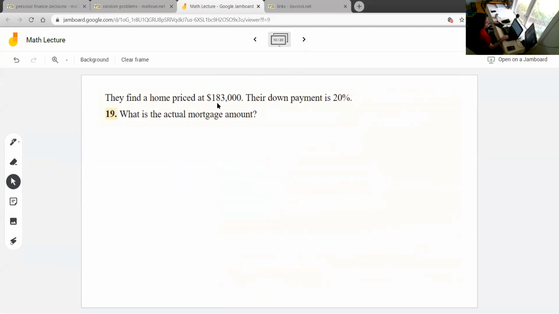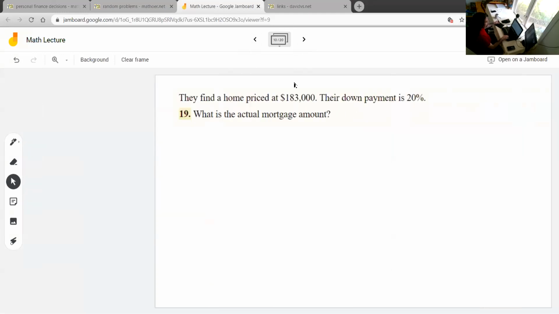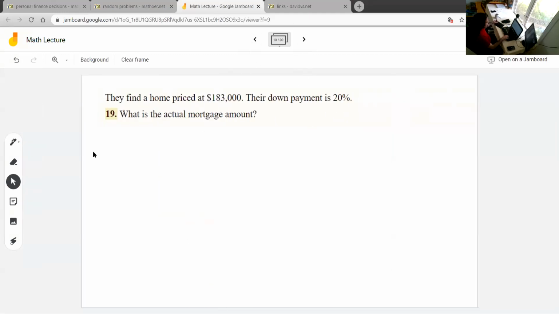So they find a home for that 183,000, and the down payment is 20%. How do we find 20% of a number? Multiply. Times by 0.2.